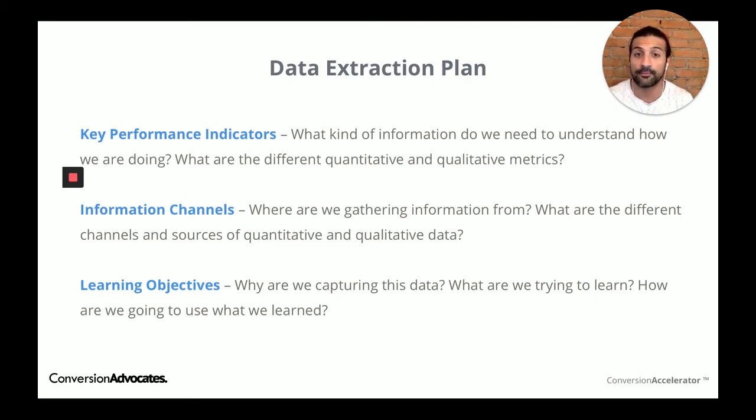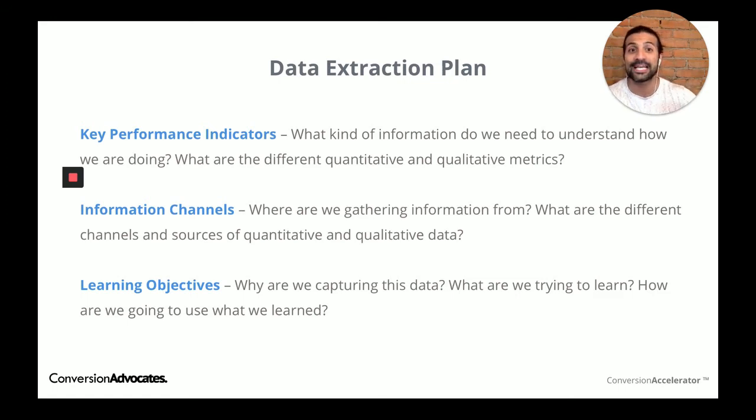So today I want to share 3 steps to creating your data extraction plan, okay? And they're pretty straightforward, pretty simple, so you can memorize them and go on applying them in different areas of your business. So the first is you need to know what your key performance indicators are.